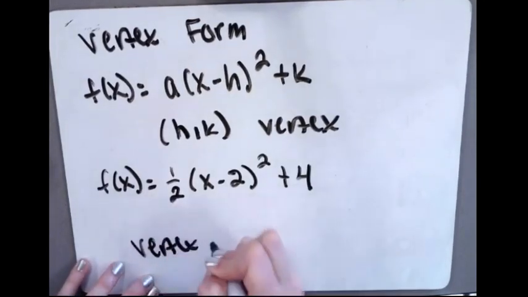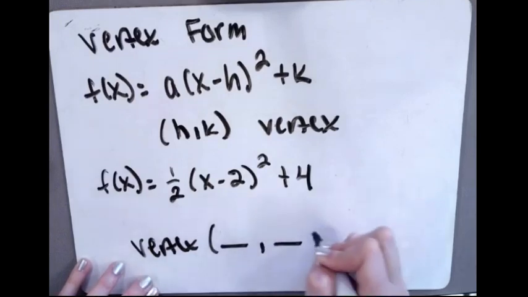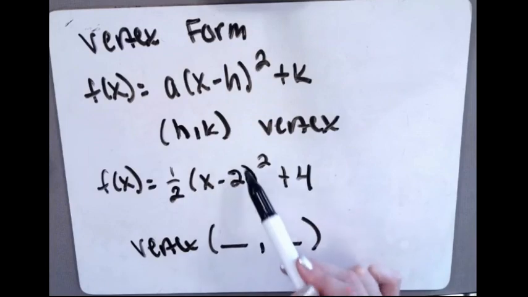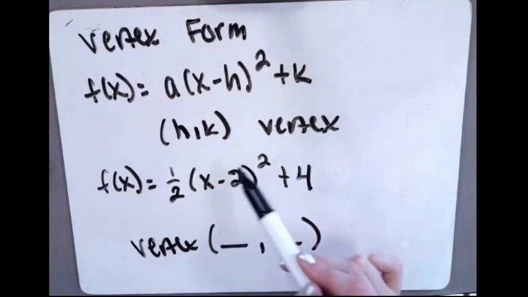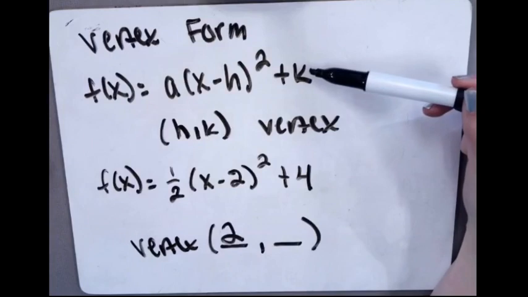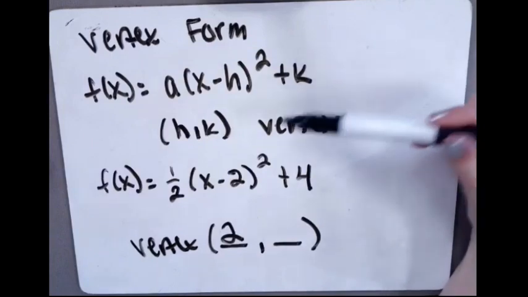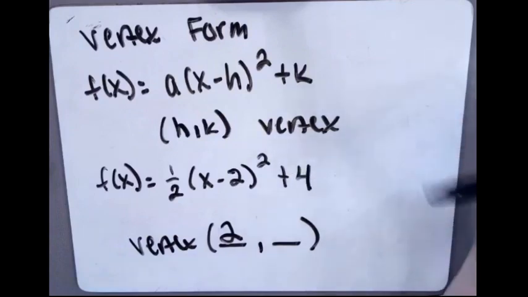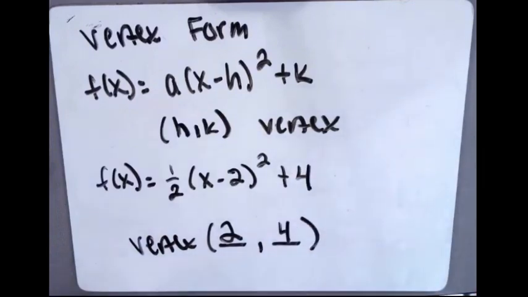So I know my vertex is going to have an x and a y coordinate. The x-coordinate is whatever is being subtracted in parentheses. 2 is being subtracted in parentheses, so 2 is the x-coordinate of the vertex. And then whatever number is being added on the outside is the y-coordinate of the vertex. 4 is being added on the outside, so 4 is the y-coordinate.